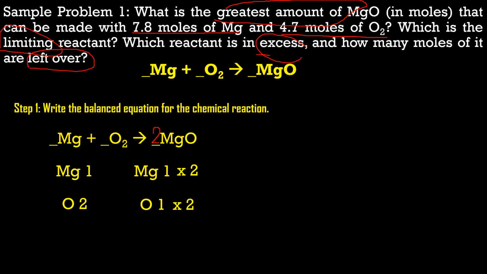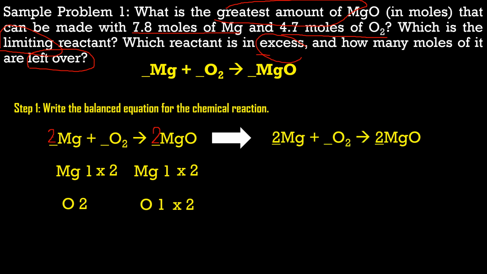So, under the reactant, we place 2 as the coefficient for us to have 2 magnesium under the reactant side. And since it is actually balanced, our final chemical reaction or formula will be 2 magnesium plus oxygen gas yield to 2 magnesium oxide.